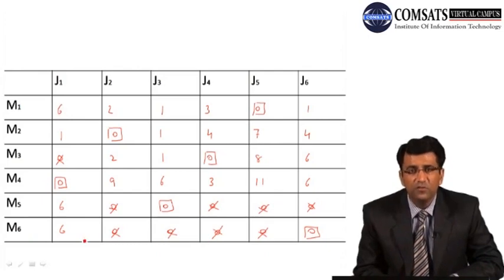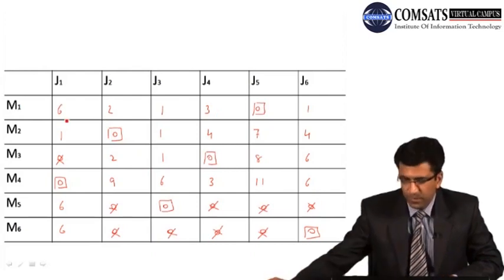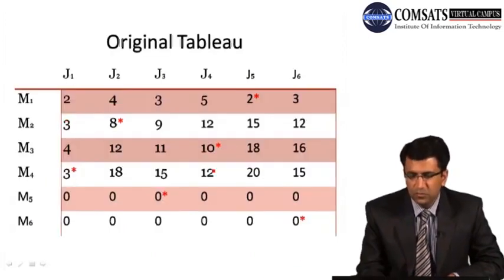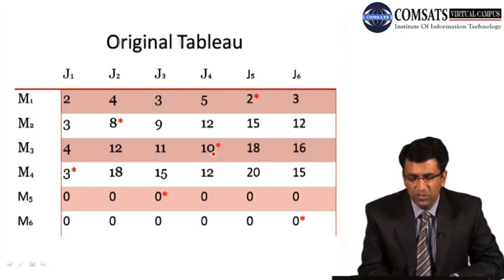Now again, in order to find out the cost, we'll have to refer back to the original table, and you can see that the cost from job 5 to M1 will be 2. Again, the cost for assigning job 2 to machine 2 is 8. Cost for assigning job 4 to machine 3 is 10.